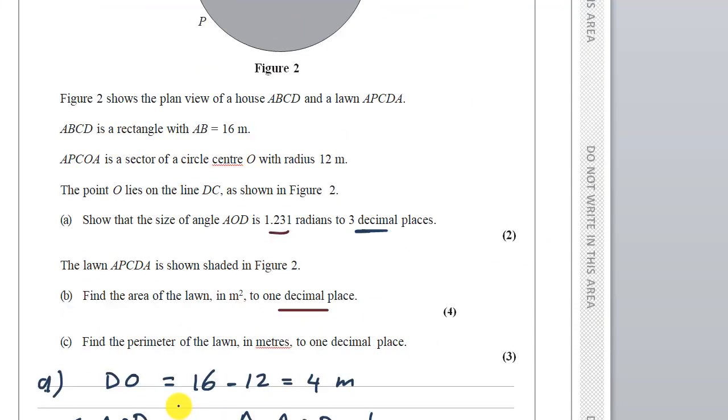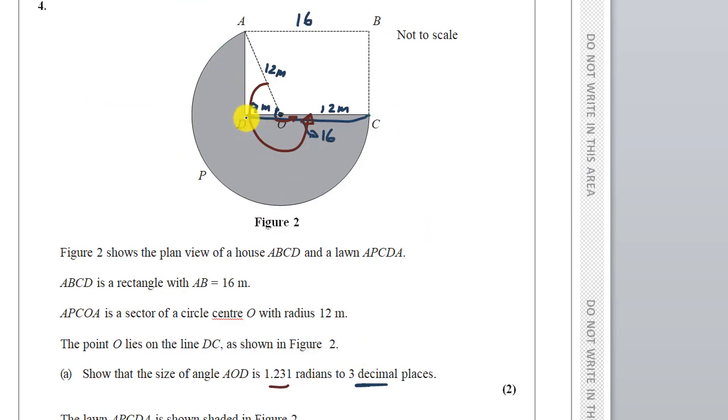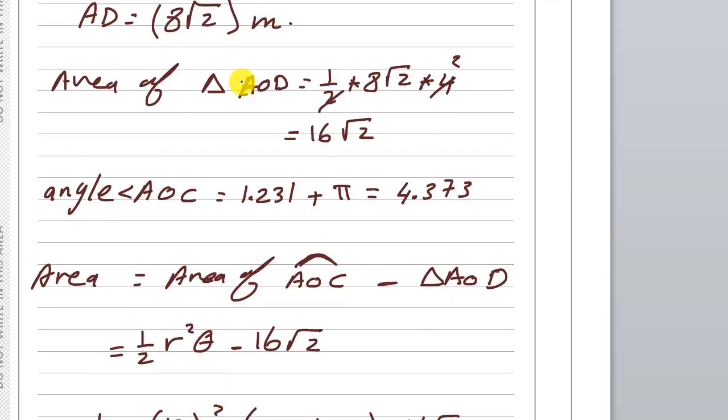Find the perimeter of the lawn in meters to one decimal place, which is 16 plus DA, which is 8 square root of 2, plus the arc length of the sector. So let us start to solve.